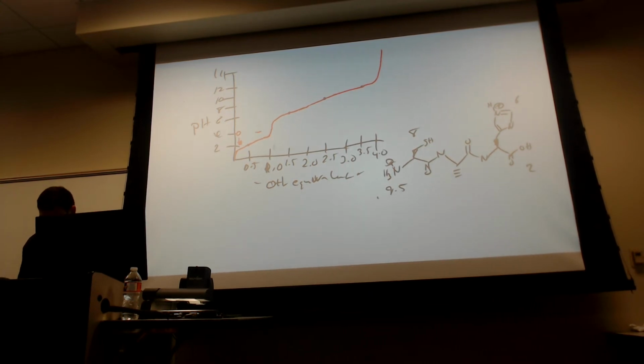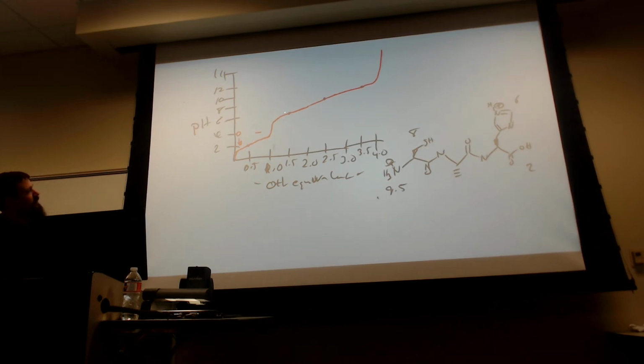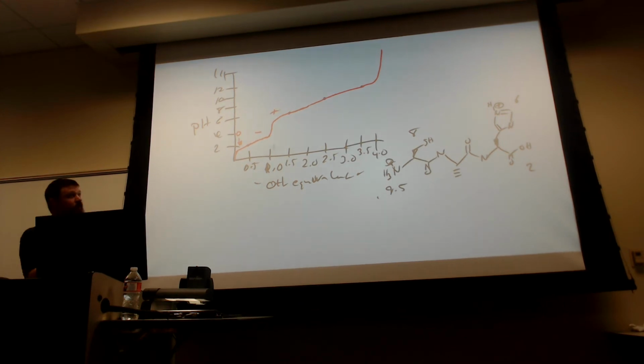It becomes negative, right? And then when we go up here, on this side of the second pK, we're talking about histidine here. What is it? It's positive, right? Yeah, on this side, histidine is going to be what? Positive.